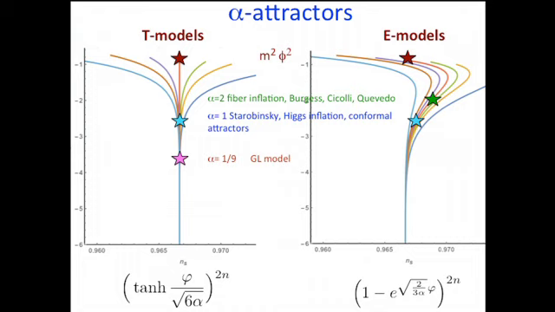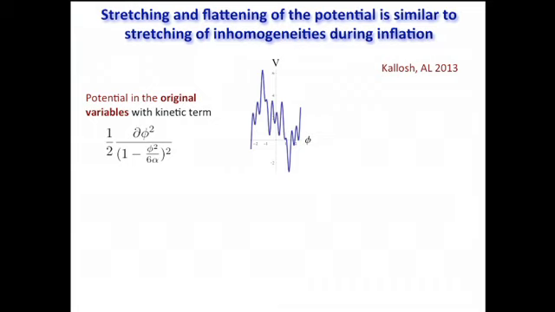Here, it is called fiber inflation and predicts something with r just 2 times larger approximately than the Starobinsky model. This is a prediction of this GL model, which is my paper with Goncharov. It corresponds strangely to alpha equal 1/9, and its prediction is here for r, and it also perfectly fits experimental data from Planck.